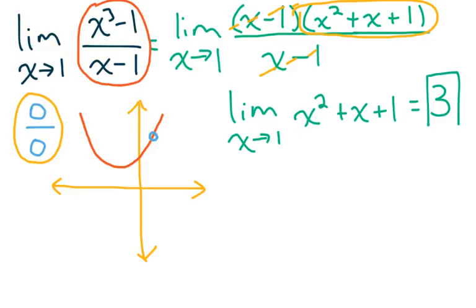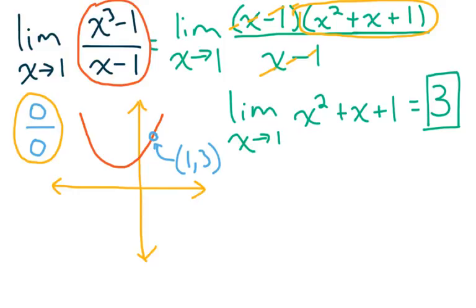And so the limit of that original function as x approaches 1 is 3, which means this little hole is at (1, 3). The original function, x cubed minus 1 over x minus 1, just gets really close to that point (1, 3), but it never quite gets there, because if we try to plug 1 in, it just doesn't work.